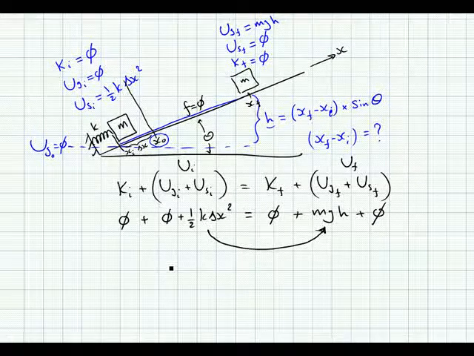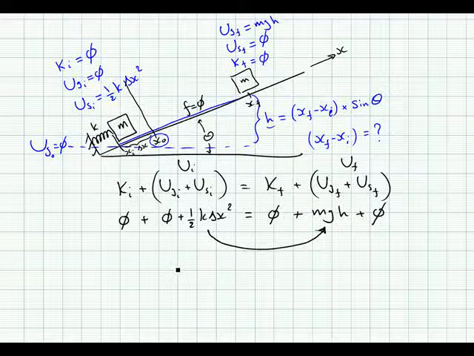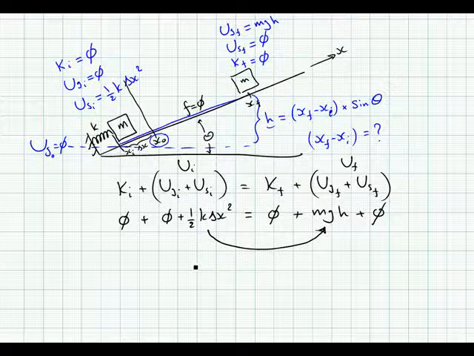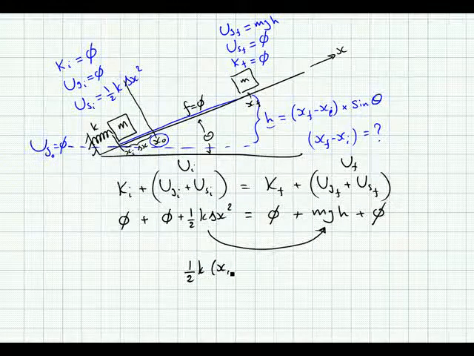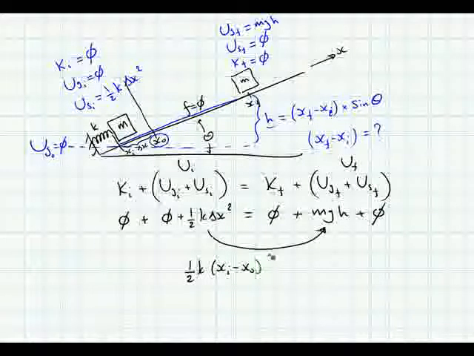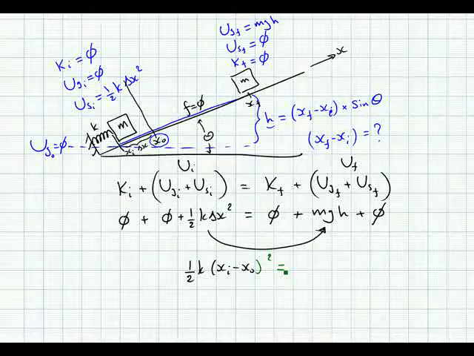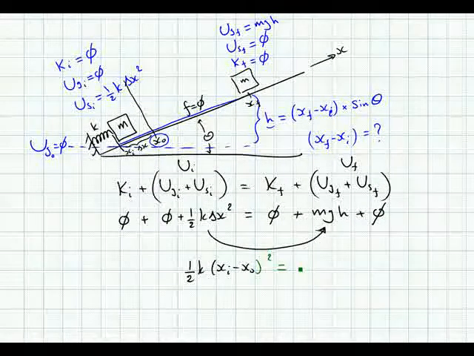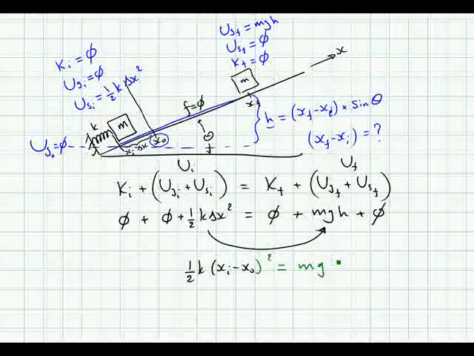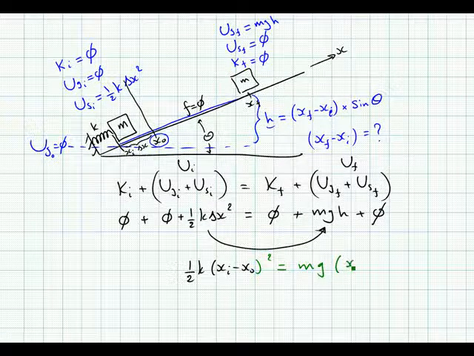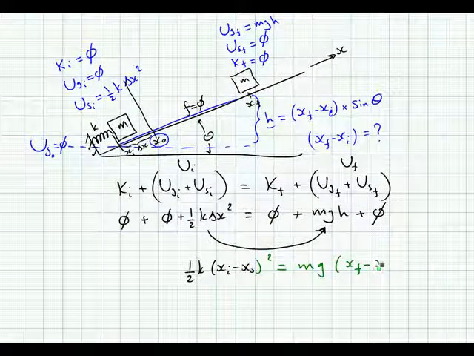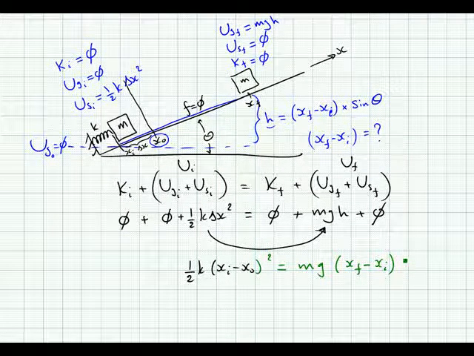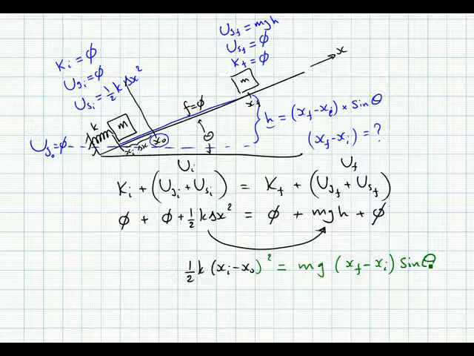So writing the expression for h, we end up with 1/2 of k (x initial minus x naught) squared is equal to, the color of the pen switched, the program is acting up for some reason, (x final minus x initial) times sine theta.